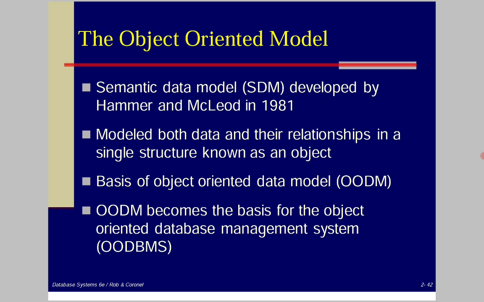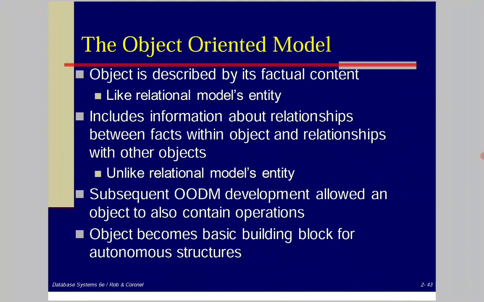It is the basis of the object oriented data model, OODM, which becomes the basis for the object oriented database management system, OODBMS. An object is described by its factual content, like a relational model entity, and includes information about relationships between facts within the object and relationships with other objects, unlike a relational model entity.